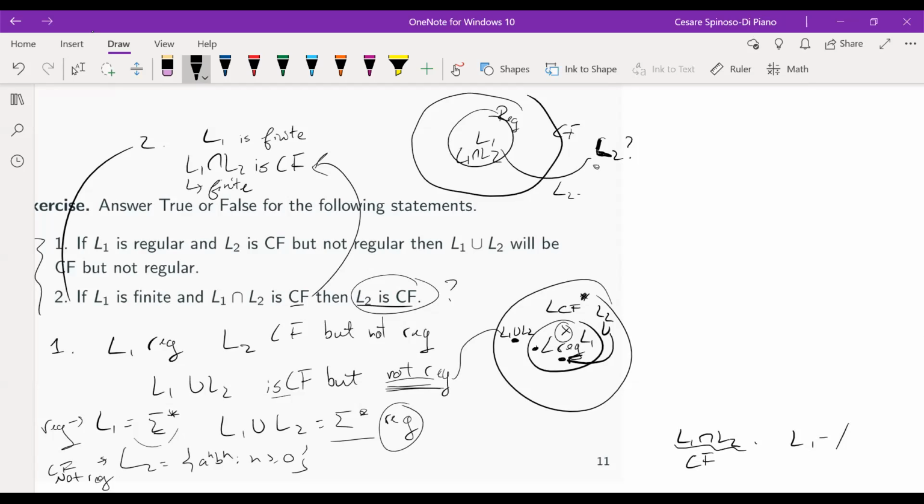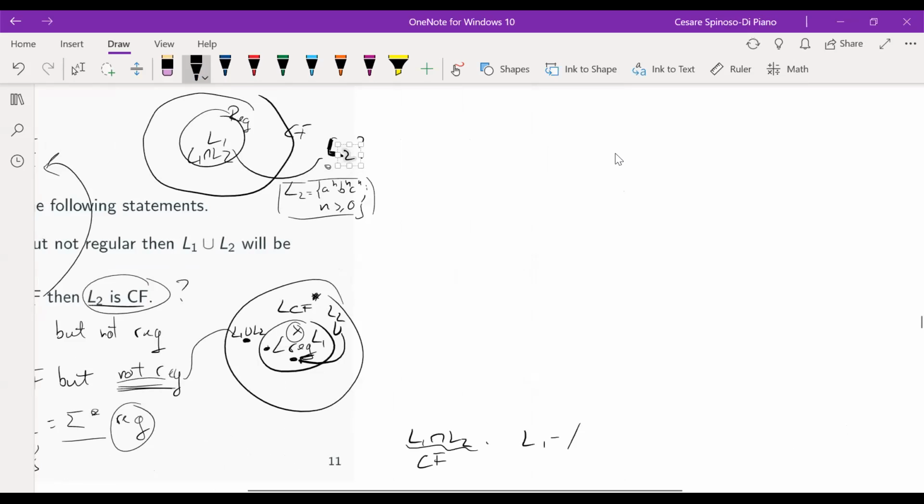Well, let's take an example. Let's say L2 is a^n b^n c^n for n greater or equal to 0. You're going to see again in lecture that this is not context-free. So what happens? Let's say L1 was finite. And well, we know L1 is finite. What is L1 intersect L2?